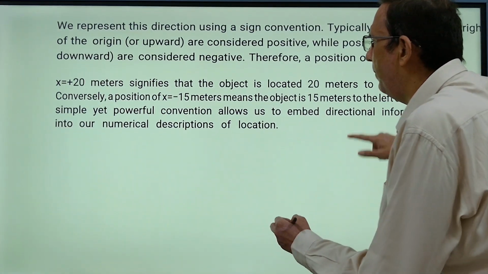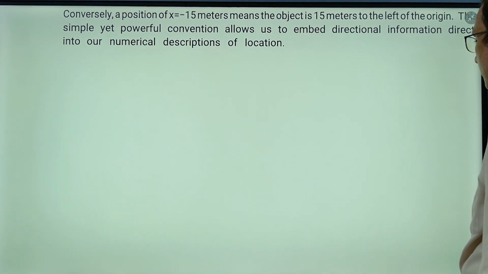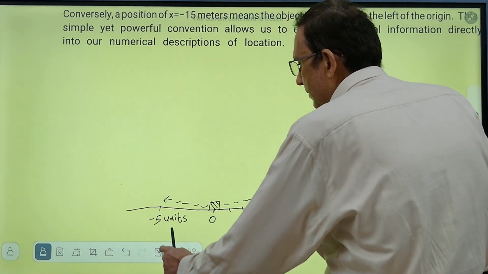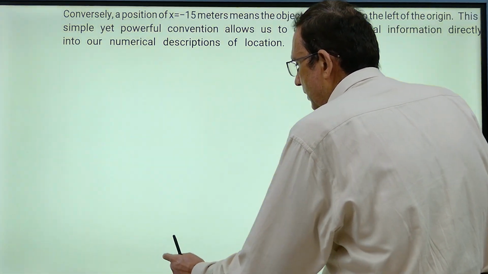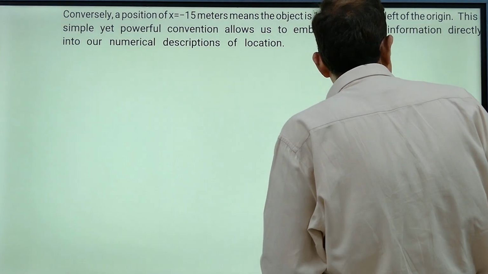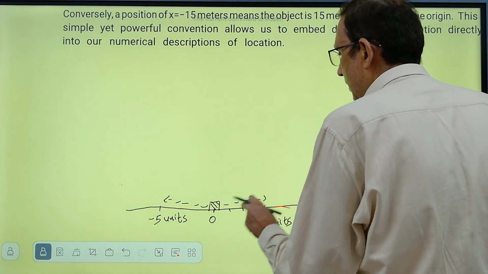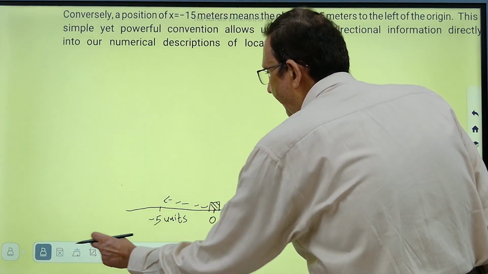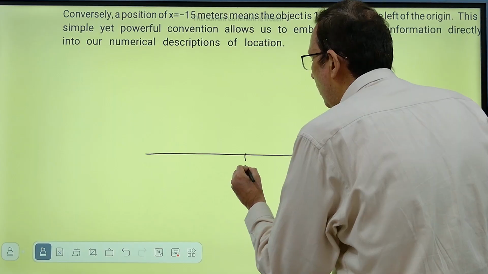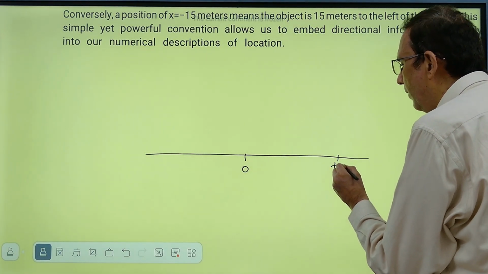So here in this example, if I draw a straight line here, and here is the origin, then plus 20 would be here.